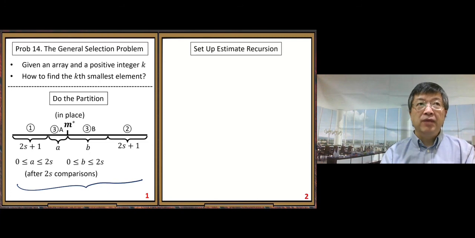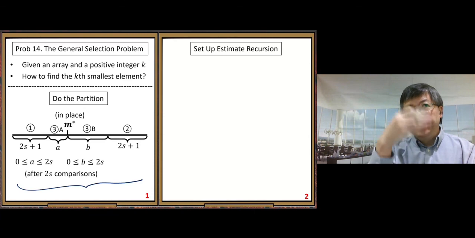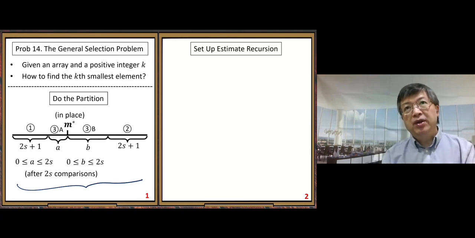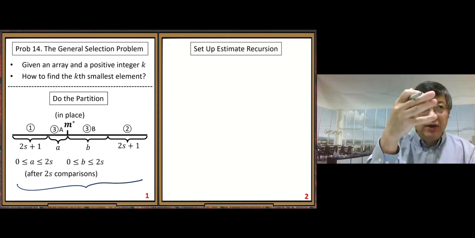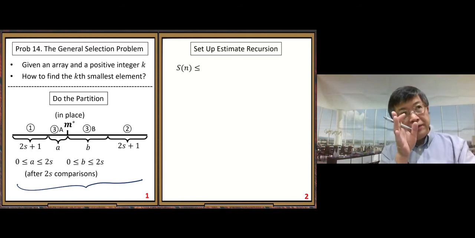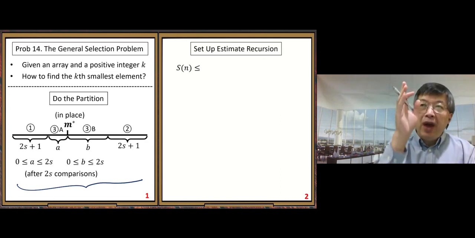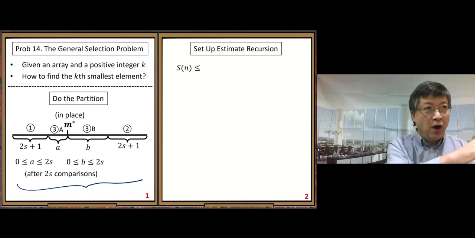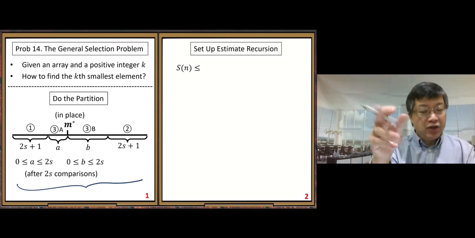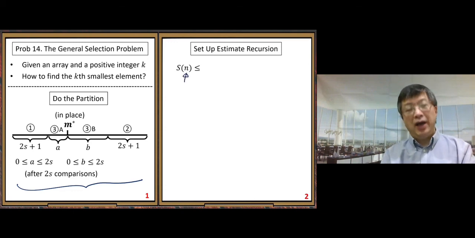We can use a way similar to the recurrence equation way to estimate the function value. S of n, for the selection problem, represents the number of comparisons to solve the general selection problem with n data size, n elements.